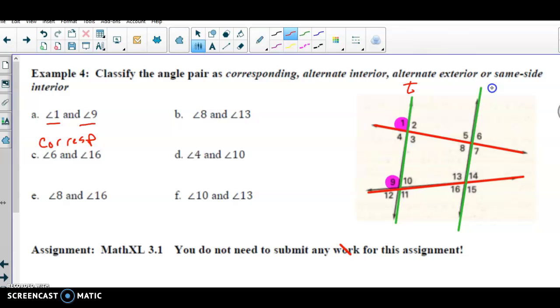Let's call this one line R. We'll call this line L and this line M. That way I can refer to the lines. All right. So now I need to get rid of my highlighting here, and let's talk about angle 8 and angle 13.